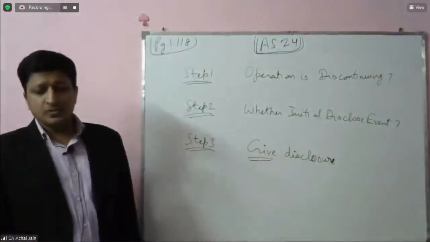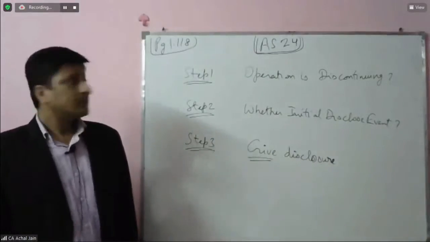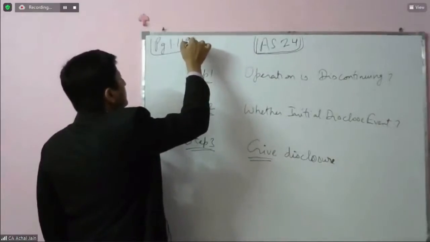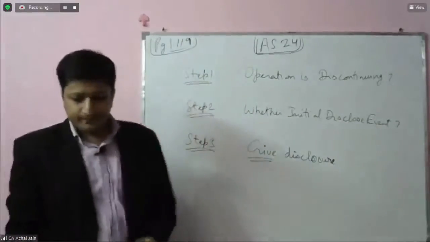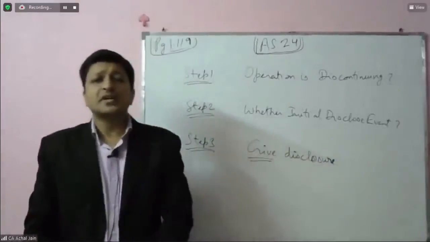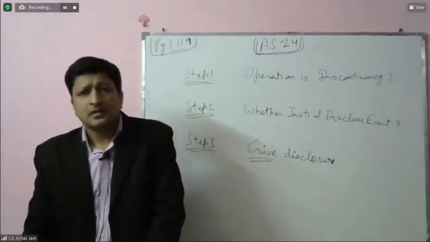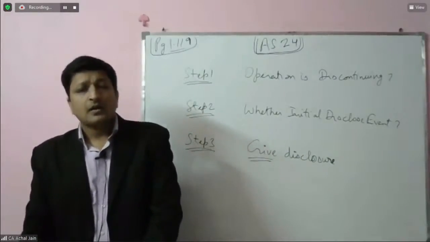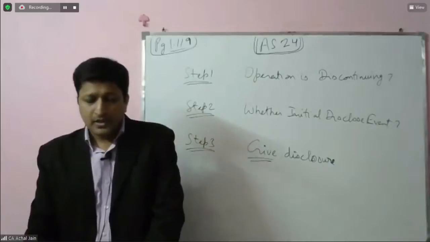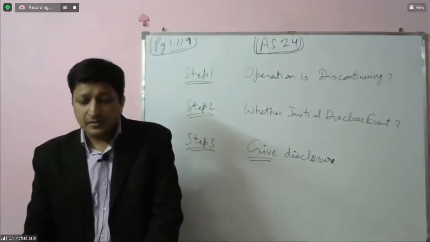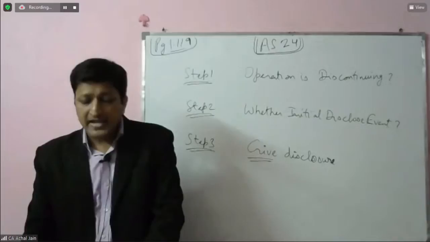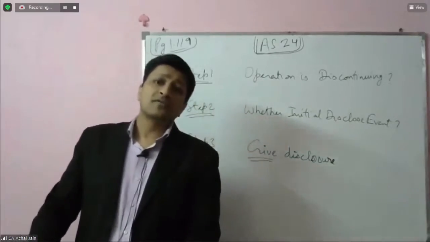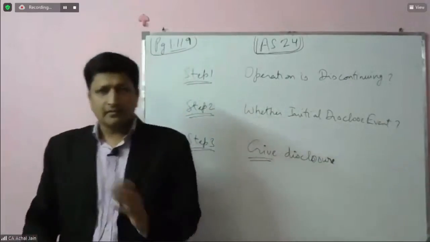Now, what are those disclosure requirements? Let's understand. Description of the discontinued operation. Description means which business, which business line, which plant is getting disposed of. Business or geographical segment in which it is reported as per AS18, if there is a disclosure of such segment as per segment reporting, we'll cover that slightly later.